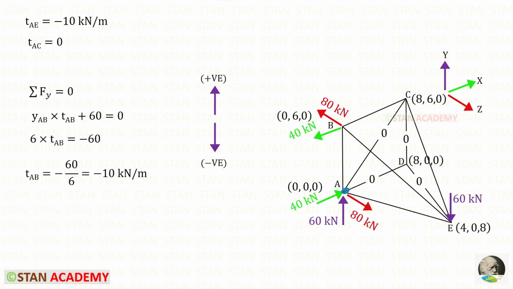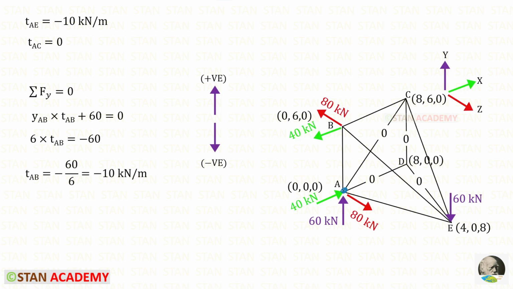Now in the joint A, let us apply this rule. For the member AE, there is no distance in the y direction, so no need to consider that. The members AD and AC are zero force members, so there is only one member remaining, that is the member AB. We have to only take that.